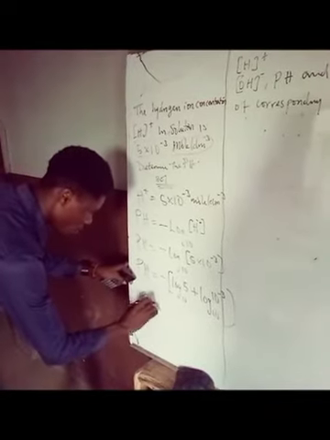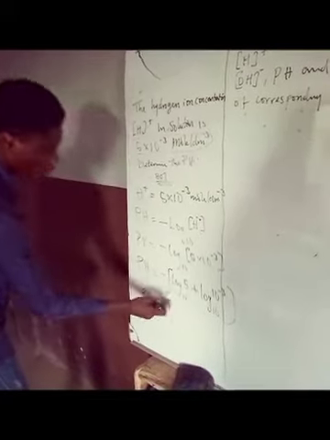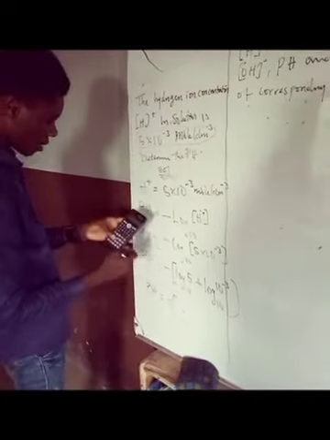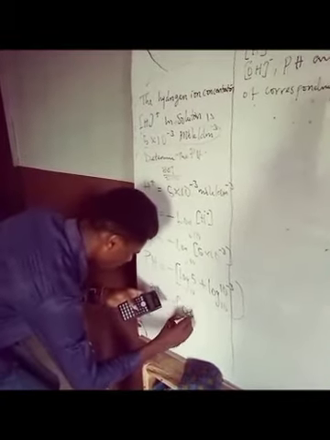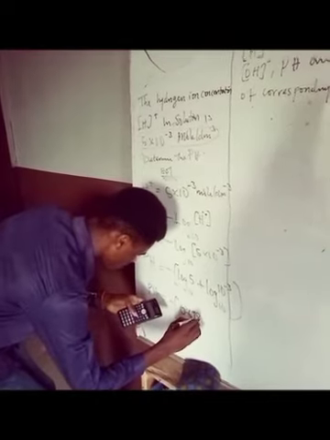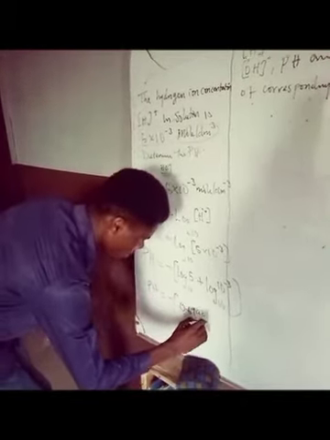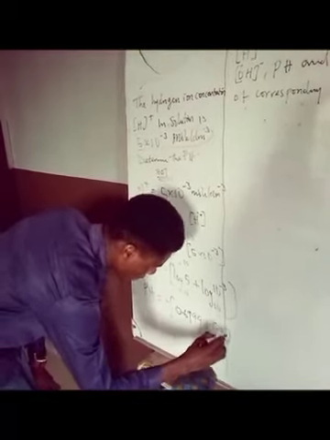Then you have pH equals minus log 10. So in your calculator, you just press log 5. Then you will have 0.698, that will be 0.6990. So plus, don't forget that this one is minus 3.